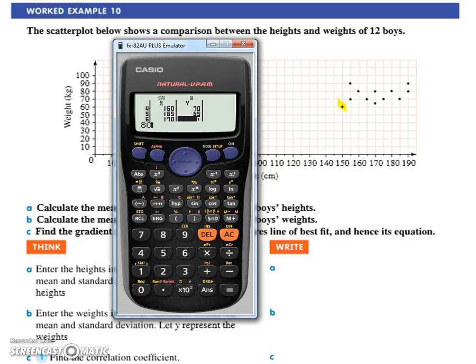Hang on. 165. You got to be careful when you enter the data too. It's easy to get it wrong.